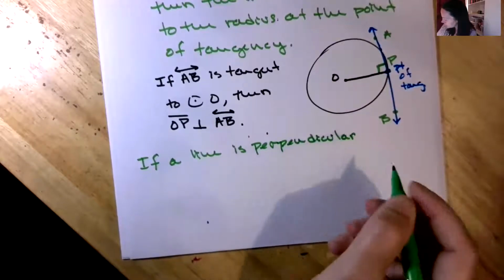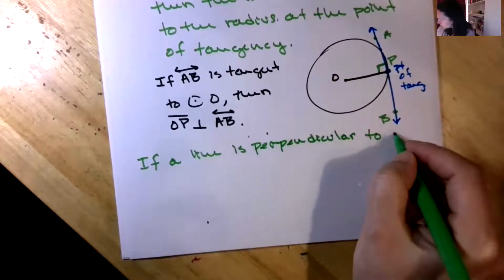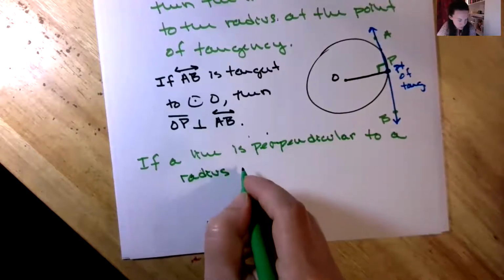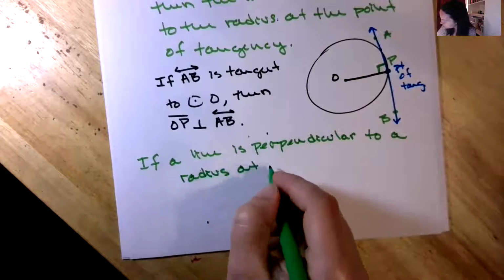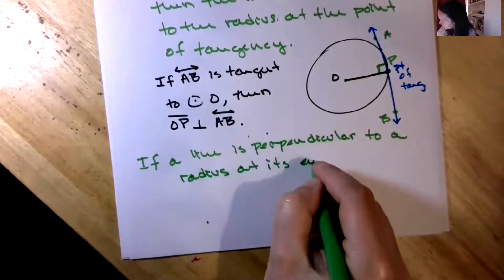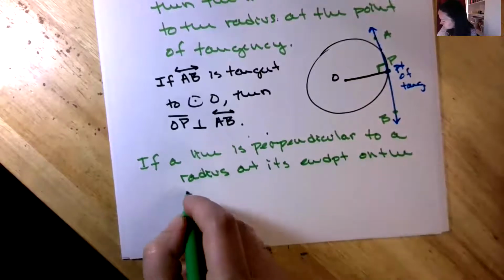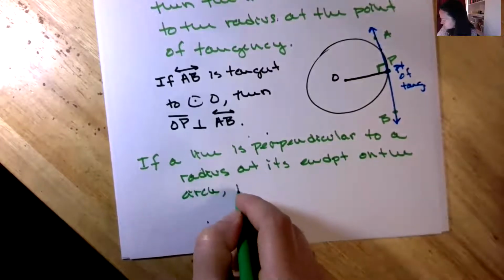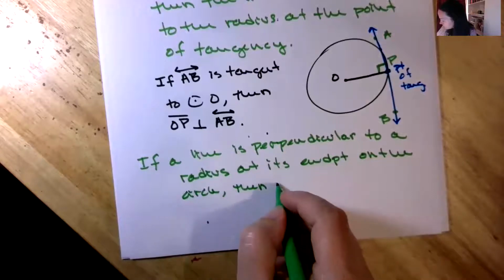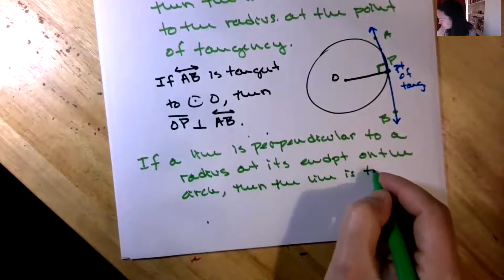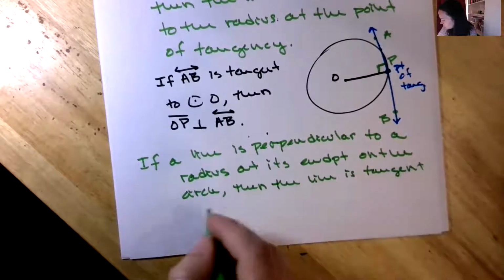So if a line is perpendicular to a radius at its endpoint on the circle, then the line is tangent to the circle.